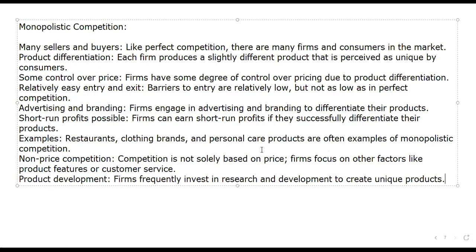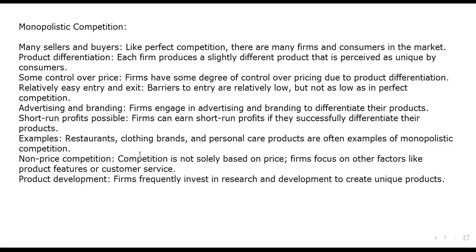Lastly, we've spoken about a monopolistic market. This is not a monopoly, but a monopolistic market structure where there are many buyers and sellers, like in perfect competition, who easily set up their own structures. Product differentiation. This is slightly different from perfect competition because there's heavy product differentiation and goods are heterogeneous, perceived as unique.